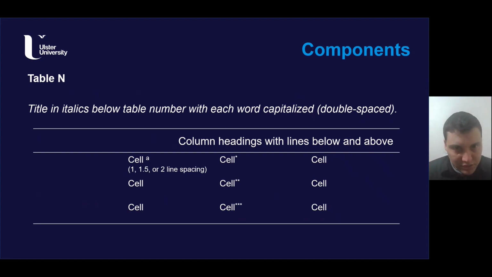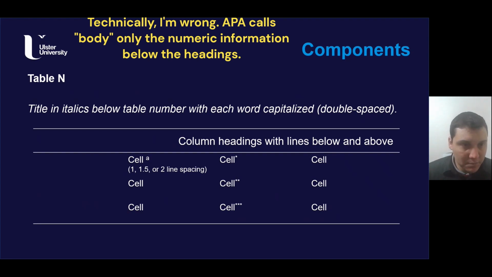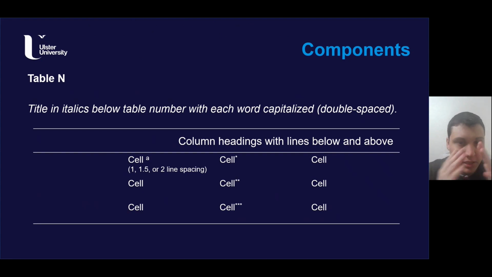The actual body of the table includes the headings, which is the first line or first lines, depending on how you organize your headings. Then the numeric information that you have in your table in each cell. Okay. So what borders of the body of the table do we mark with lines?